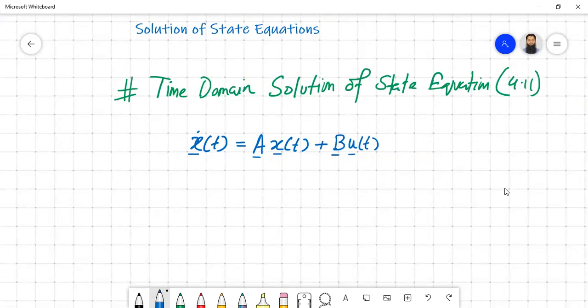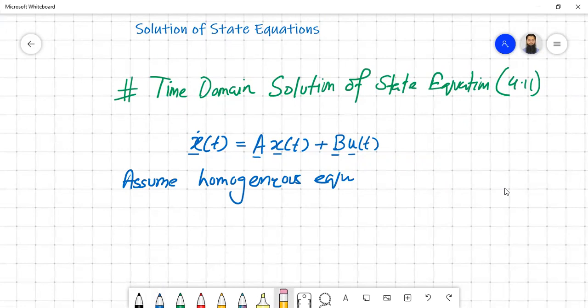So at the very beginning, start with the homogeneous equation. It is the homogeneous state equation.